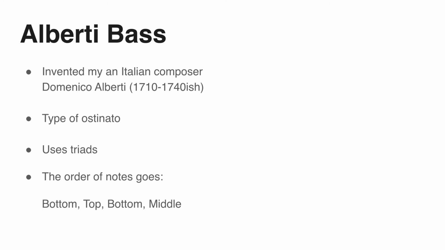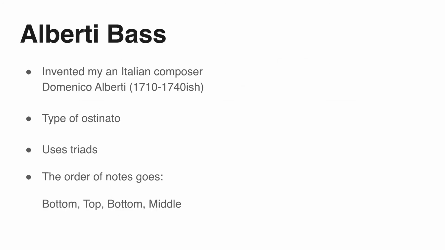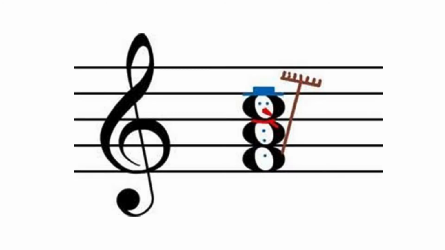And so if you're back to our snowman here, think about the bottom part of the snowman, head of the snowman, middle of the snowman, head of the snowman. And you would play those notes in that order. Not all at the same time, but one then the other. So bottom, top, middle, top, bottom, top, middle, top.